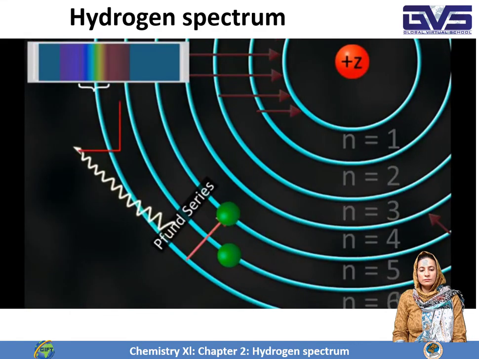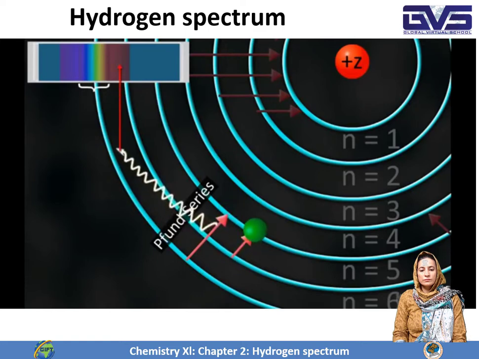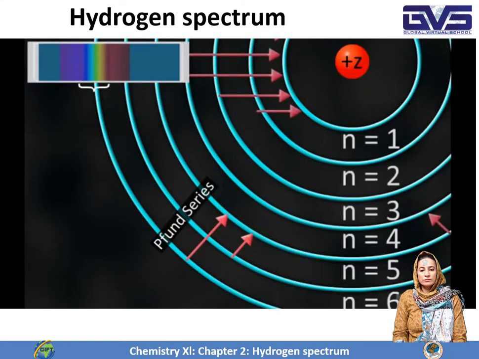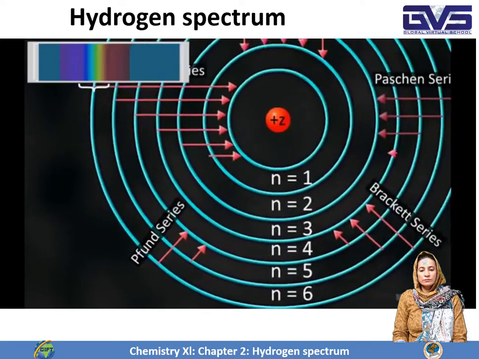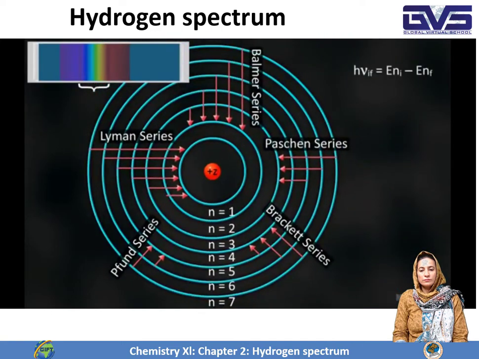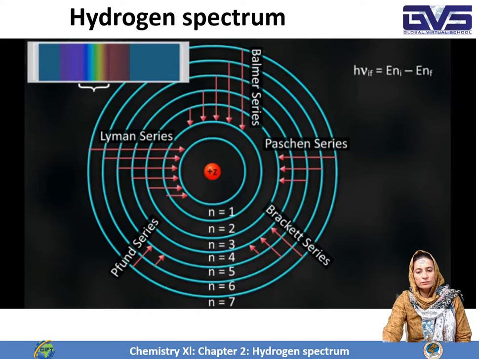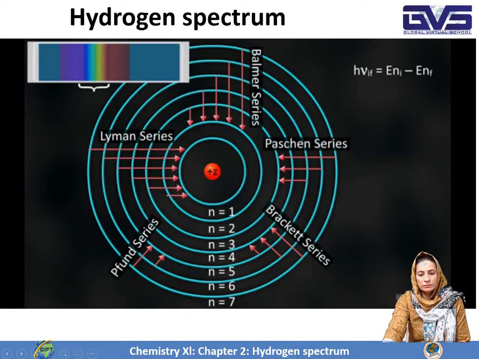When a transition from higher orbits to the fifth orbit occurs in the atom, the Pfund series is obtained. The energy of emitted radiation is given by the formula shown here, and the Rydberg formula for the spectrum of the hydrogen atom is given by the formula as given here.